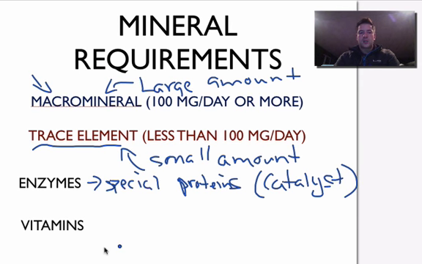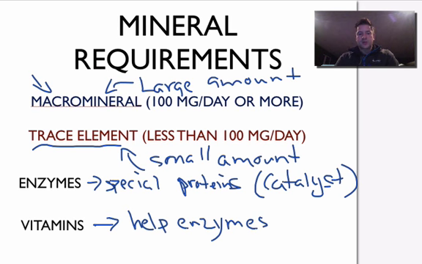And then we have vitamins, and vitamins actually help enzymes to function in the body. So they're all needed, and we can see how sequential they are. These vitamins will help the enzymes to function, and enzymes are proteins that are important in the formation, production of these specific minerals.